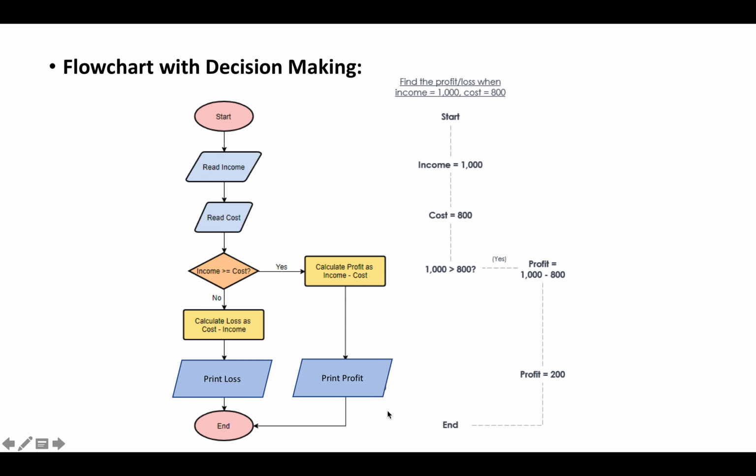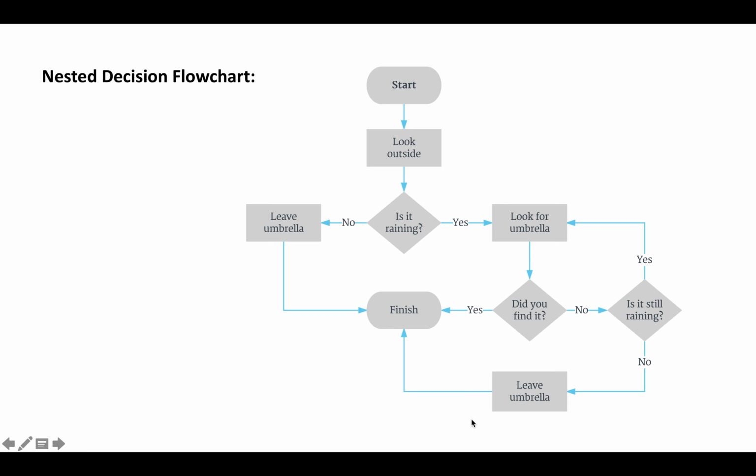Now 1000 is greater than 800, yes, we have followed the yes path, in which we have calculated profit is equal to 1000 minus 800, which is profit is equal to 200. So we have printed profit is equal to 200. The no part, the false part, is not executed at all for these variables, income 1000 and cost 800. And in the end, we have written end the process.